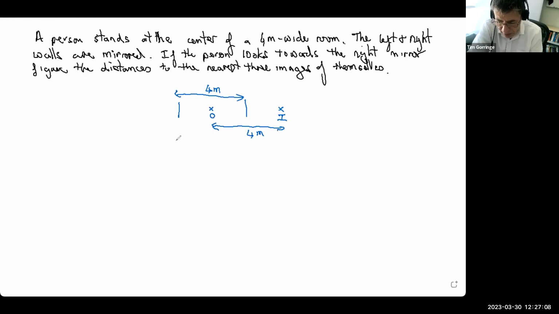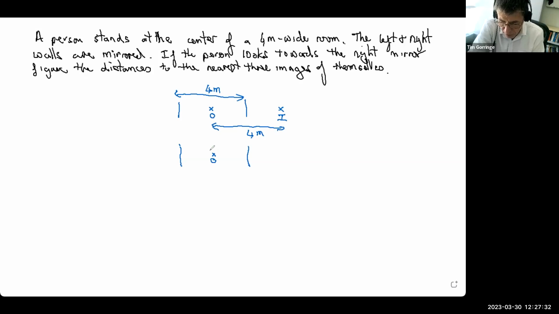Let's think about the next image in the right-hand mirror. Again, I'm going to draw the 2 mirrors 4 meters apart, and the person, the object, in the center of the room. How's the next nearest image formed? It's actually formed by 2 reflections.